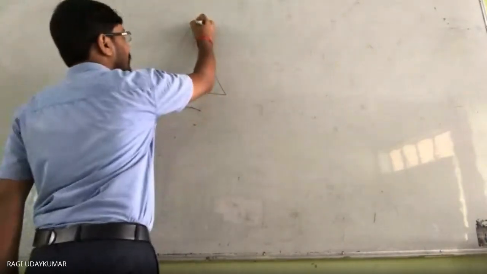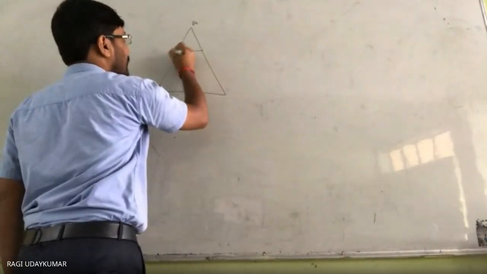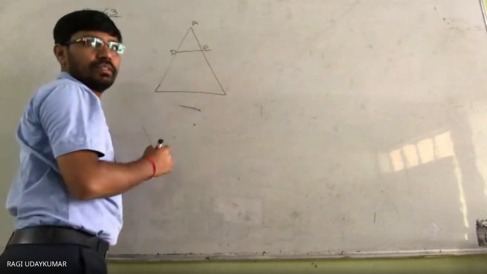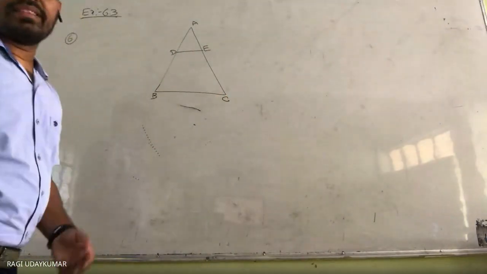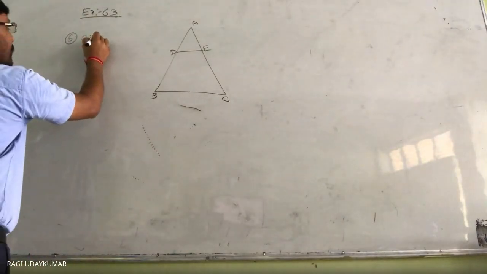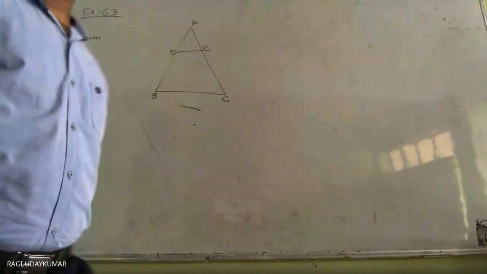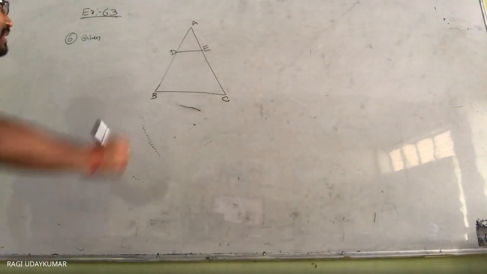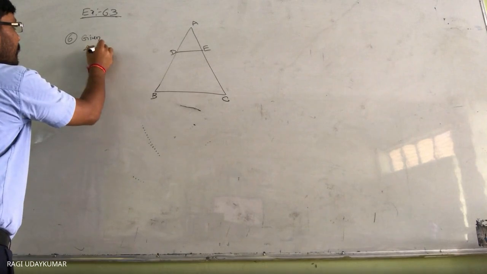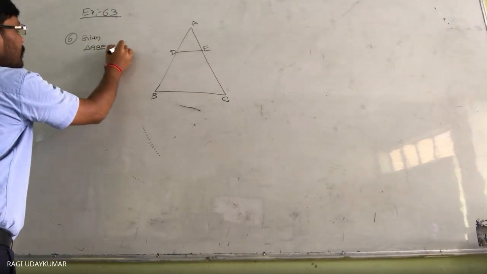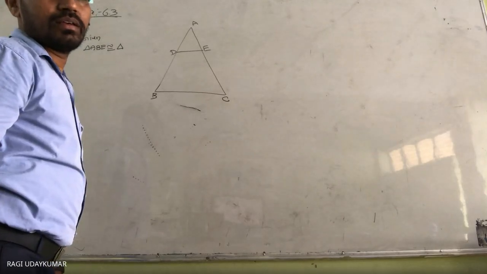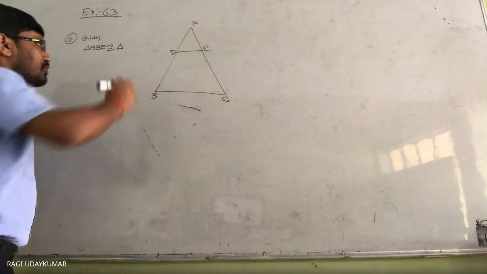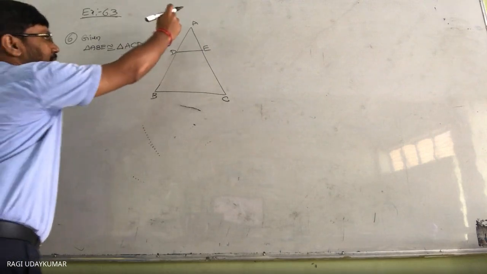A, D, E, and here B, C. So it is given that triangle ABE is congruent to triangle ACD.